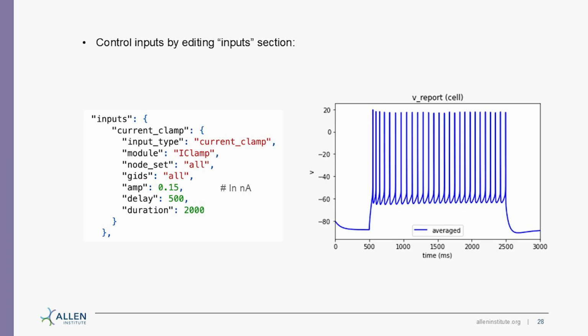And then there is another section that is called inputs. In the case of what I specified for the created environment, I say that I want an iclamp that had an amplitude of 150 picoamperes, that started 500 milliseconds after the beginning of the simulation for a total of 2 seconds. All that information is in here. You can change that after building your environment, because this is just in the JSON. You can put whatever you want.